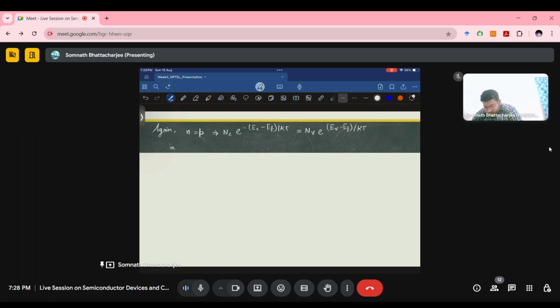Now in intrinsic semiconductors we can write EF equals EFI, that is the intrinsic Fermi level. So when the semiconductor is intrinsic type, the Fermi level is termed as the intrinsic Fermi level, or the Fermi level in a pure or intrinsic semiconductor.